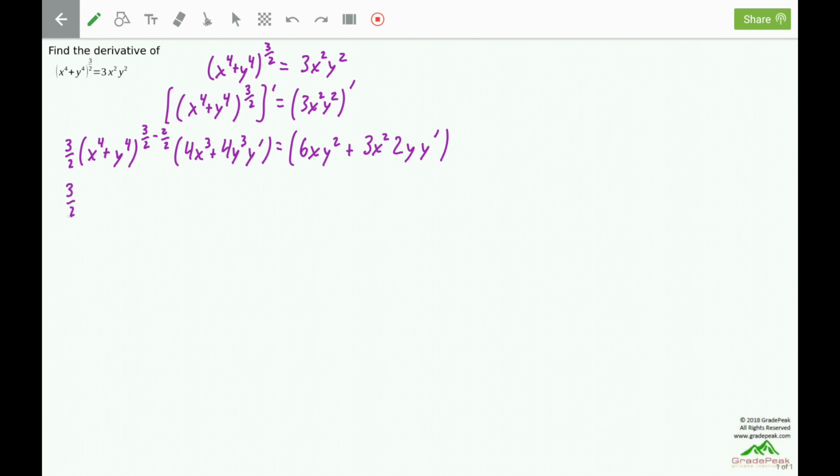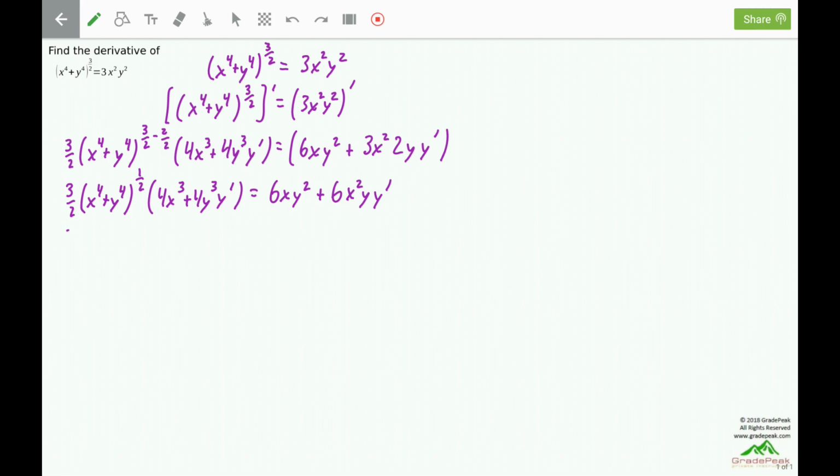So we have a 3 halves times (x to the fourth plus y to the fourth) to the 3 minus 2, 1 half power, times the 4x cubed plus 4y cubed y prime equals 6x y squared plus, and then the second term on the right, the 3 and the 2 can multiply to give us a 6, x squared y times the y prime.